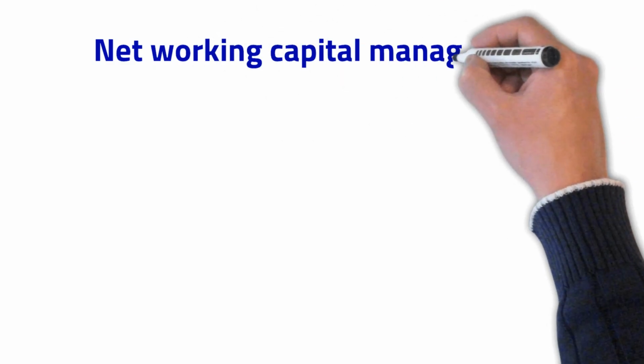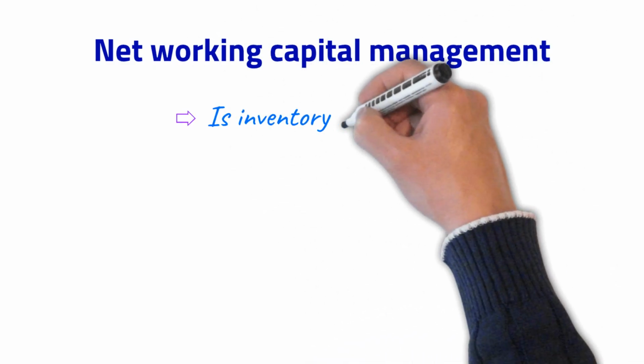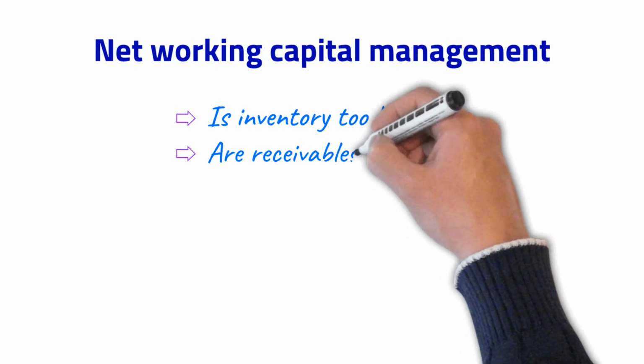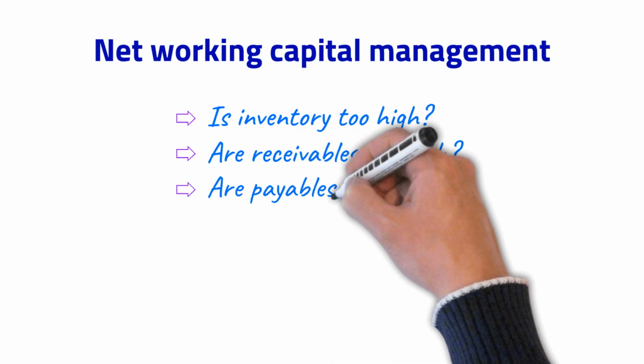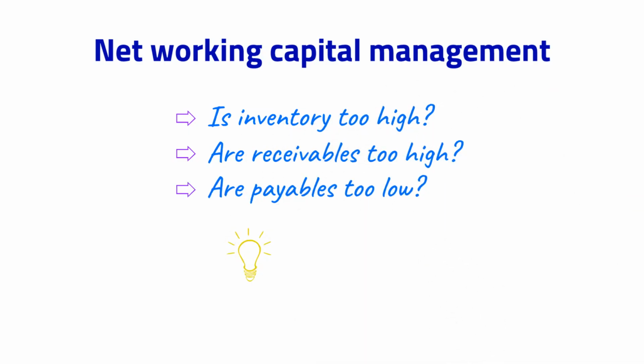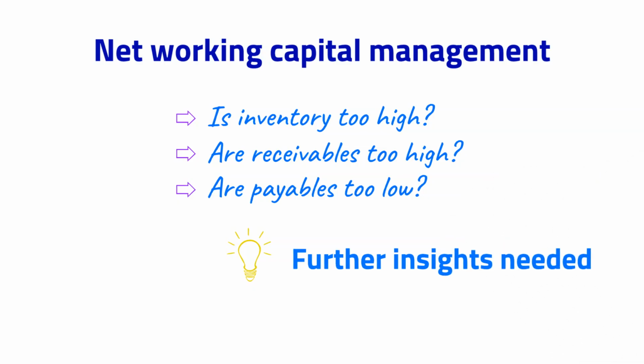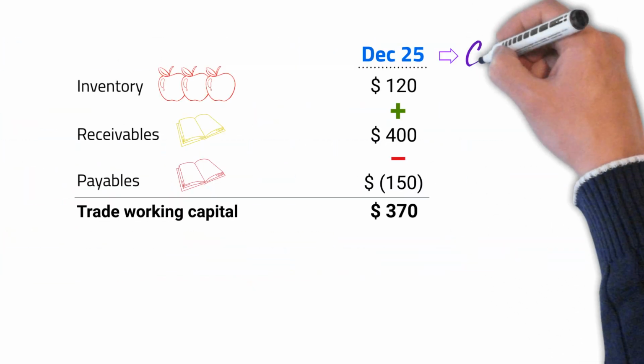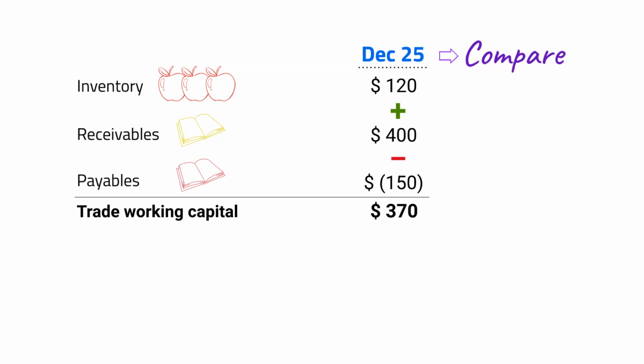Not a lot, right? Can we already answer the following questions? Is inventory too high? Are receivables too high? Are payables too low? It is really difficult to answer those without further insights, so we need to compare our balances with something. The first thing we could do is to compare our current net working capital with the values we had last December.